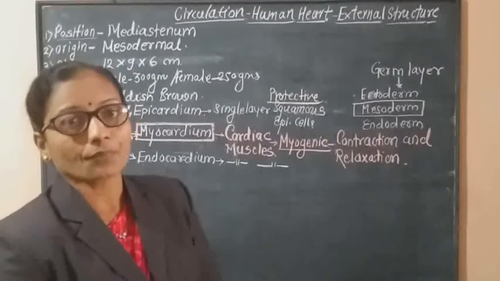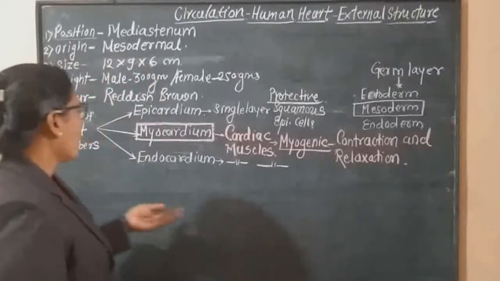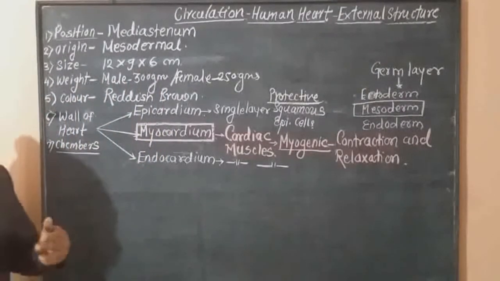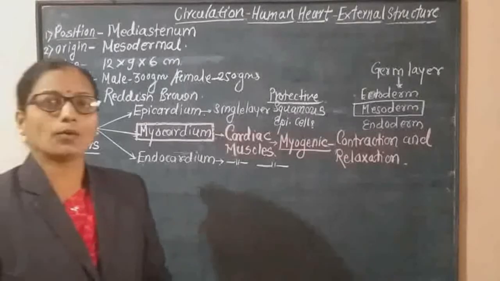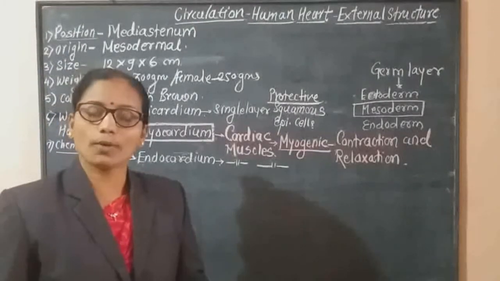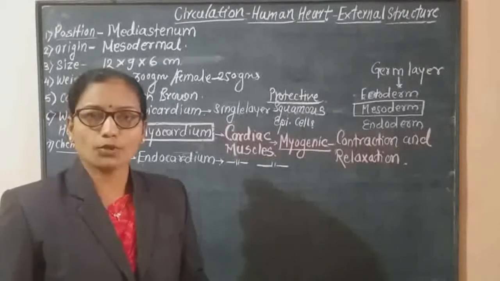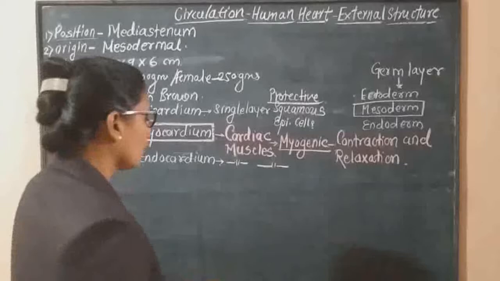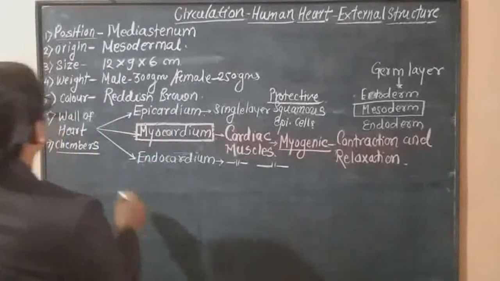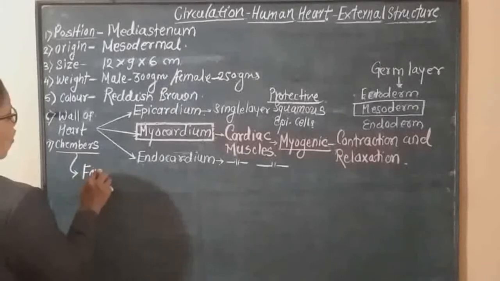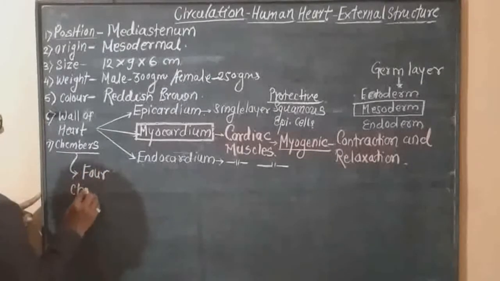Okay. Now the next, we have to know about the chambers of the human heart. When we study the structure of the human heart, the first thing we have to know is the chambers. We already studied that the human heart is a 4-chambered organ.